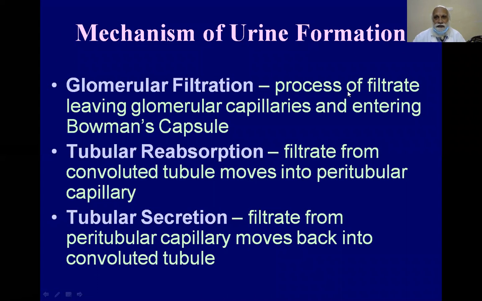So, glomerular filtration is the process of filtering, leaving the glomerular capillaries and entering the Bowman's capsule. Now, I am not repeating the structure of the nephron, Bowman's capsule, etc., because you know about them already. The filtrate leaves the glomerular capillaries, crosses the visceral layer of the Bowman's capsule, and the fluid comes into the capsular space.